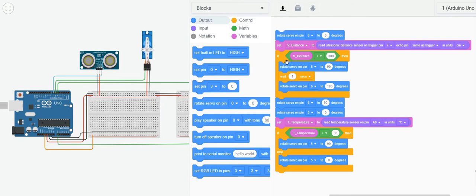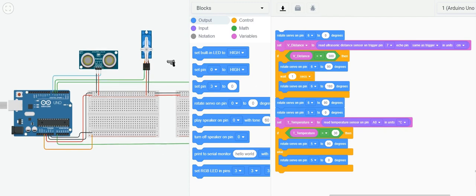I use an if block: if V distance, this is the variable, is under 300 centimeters, because I set the distance unit as centimeter. Then rotate servo on pin 6, wait 1 second, rotate servo on pin 6 to 180 degrees, and then rotate servo on pin 6 to 90 degrees, back to its normal position.